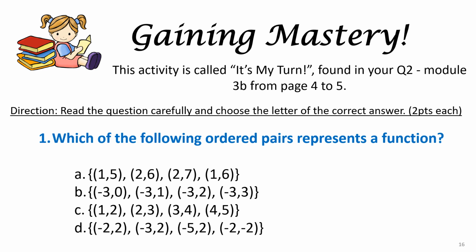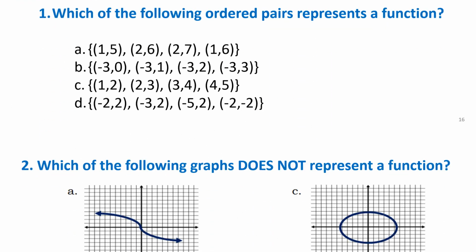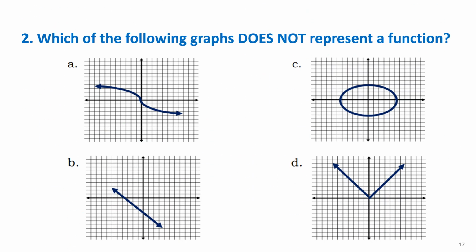Direction. Read the question carefully and choose the letter of the correct answer. 2 points each item. So this is item number 1 or question number 1. Question number 2.